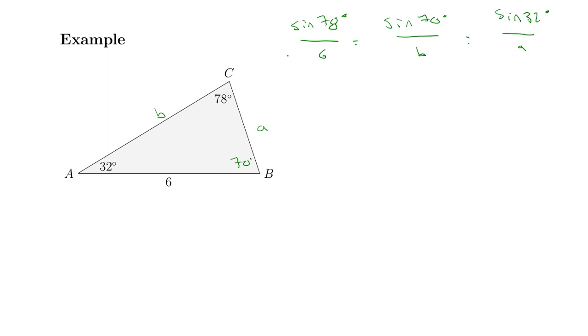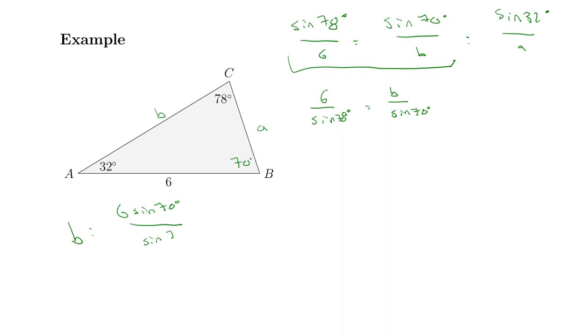So notice if you take one of these, or a pair, you can solve this for b pretty easily. It might be easier to write this as 6 over sine of 78 degrees equals b over sine of 70 degrees, because now you can just multiply sine of 70 degrees on both sides. So b is 6 sine 70 over sine 78.